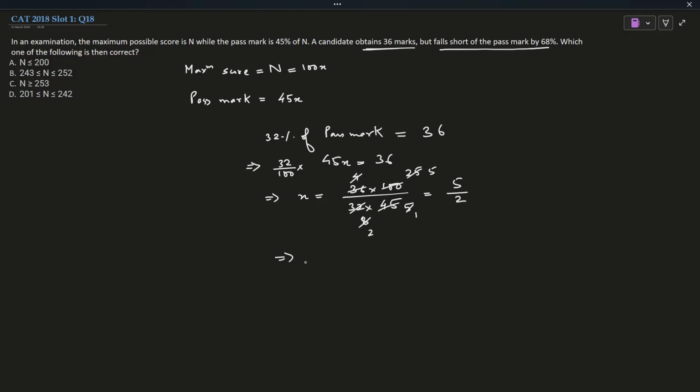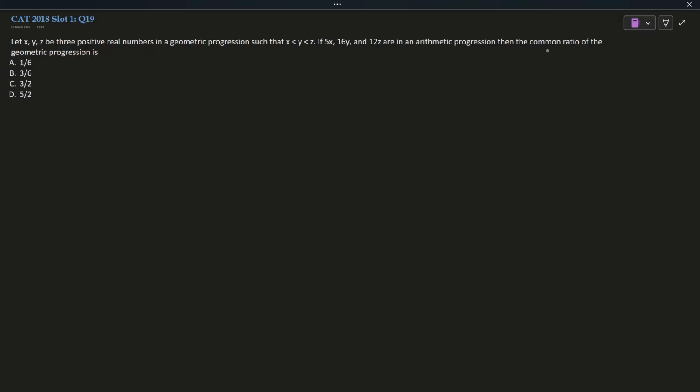So I need to find n, and n is 100x. 100x equal to 250. If I multiply this by 100, this is basically 2.5, so 250. N is equal to 250. So the correct answer will be option B. Easy question. Let's move on to the next question.